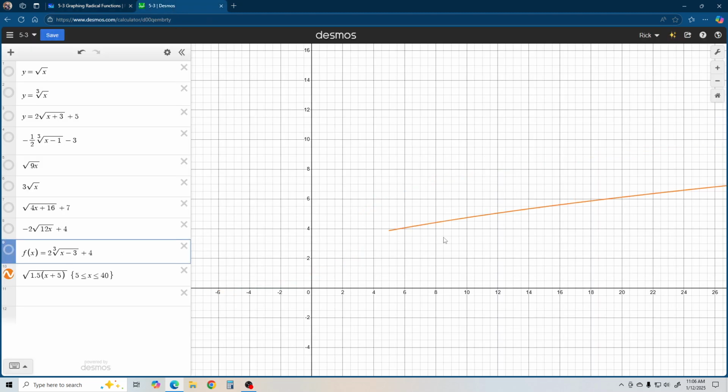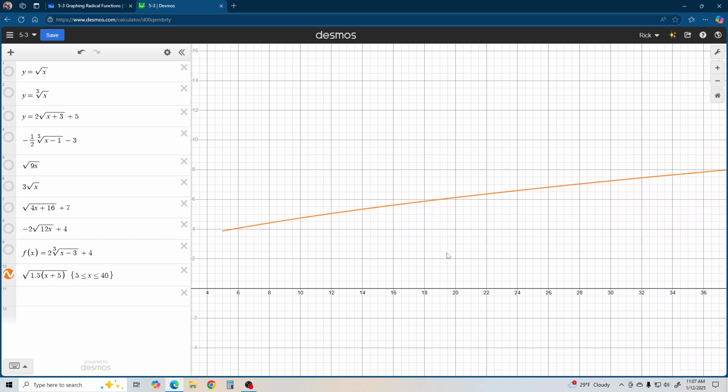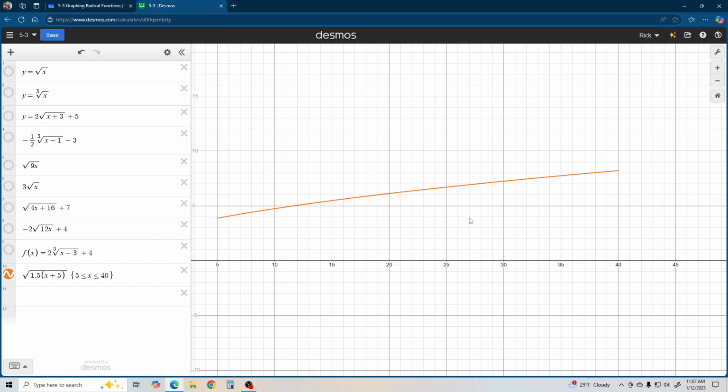All right, so if we pop this up, you'll notice here on Desmos, if you want to know this little trick, I put in the function here, and I also put in these constraints to tell us specifically between 5 and 40. And we're talking about the amount of feet above sea level, right? So at 5 feet above sea level and at 40 feet above sea level, this is the graph we're going to get. So it looks like this. Let me zoom out a little bit more.